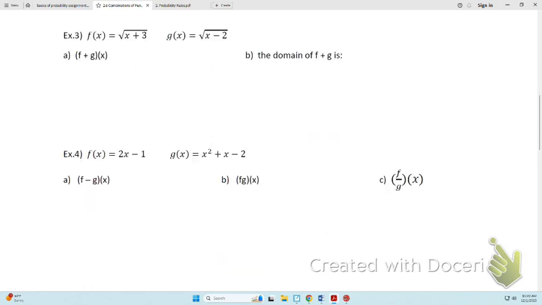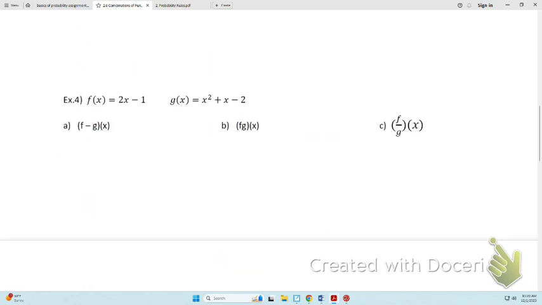All right, we took it one step further. We did 4a, and then we stopped. So on number 4a, we want to subtract function g from function f. So I copy f. I write a minus sign, and then I start a parenthesis. You can do this step in your head, but I wouldn't. You don't want to mess up a sign.